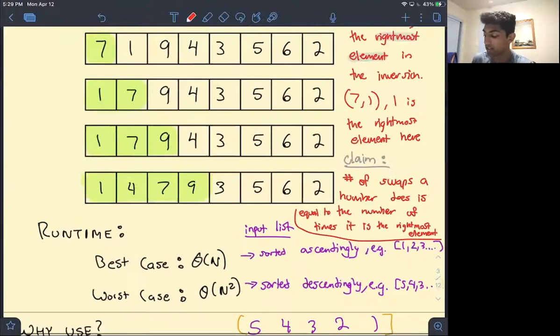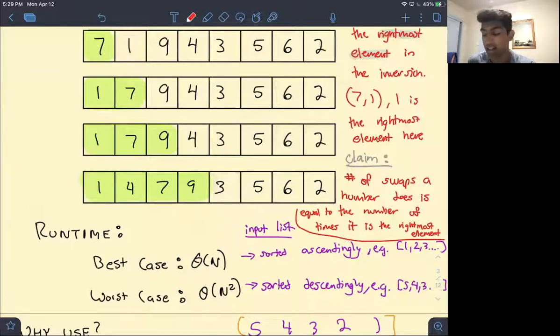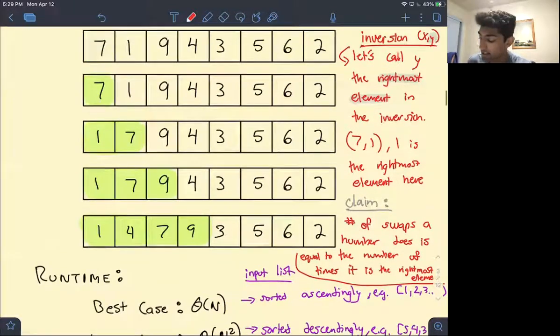Sorry about that, I kind of squeezed it in. So my claim, just to reiterate, is that the number of swaps we have to do for a given number is equal to the number of times it is the rightmost element in an inversion. Let's see what I mean.